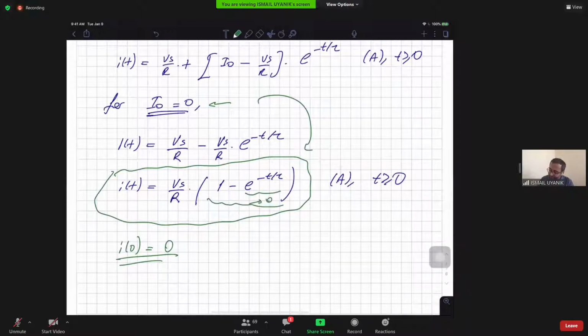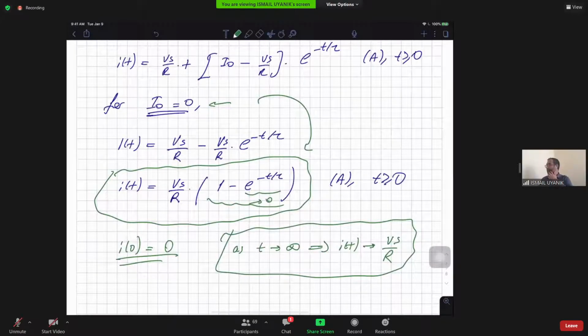So basically, as t goes to infinity, I(t) will go to Vs over R. Your friend Aaron already wrote this, but let's look at this intuitively. Let's go back to our circuit.